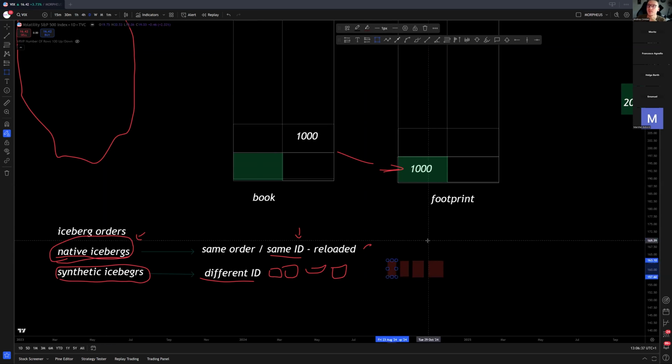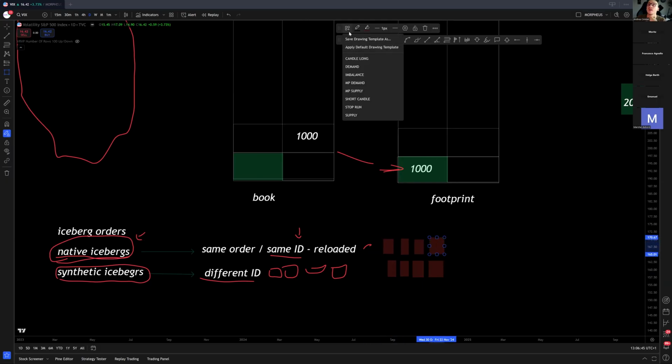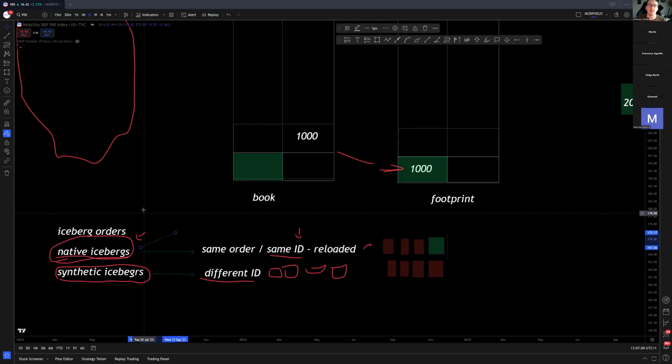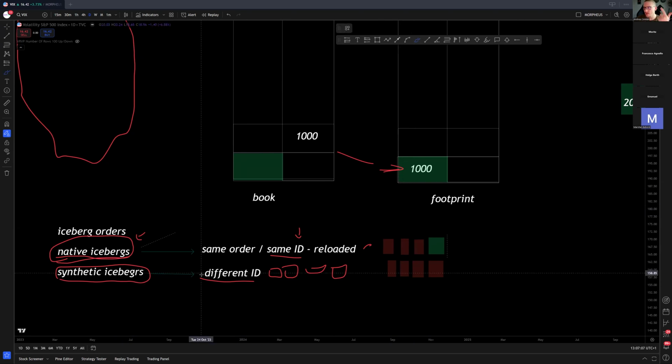While with the native iceberg, even if there's a queue behind you and you keep reloading, you're always at the front of the queue, because those 20 contracts get consumed and then replaced, and replaced, but you're still at the front of the queue. So the native iceberg is better if you want to be sure to get filled. With a synthetic iceberg, you're less likely to get filled, but you have the advantage of being anonymous for some time. So you have an extra advantage.